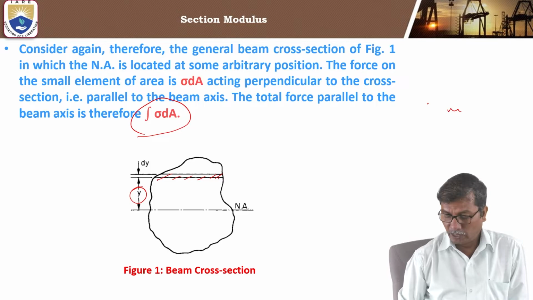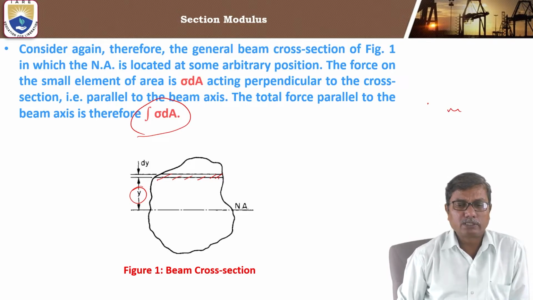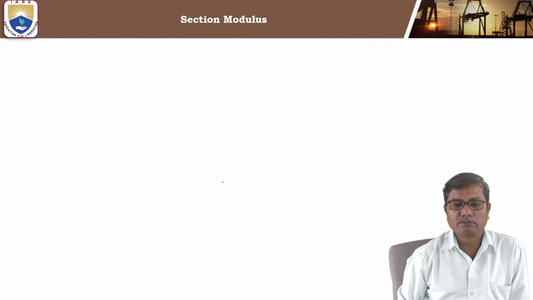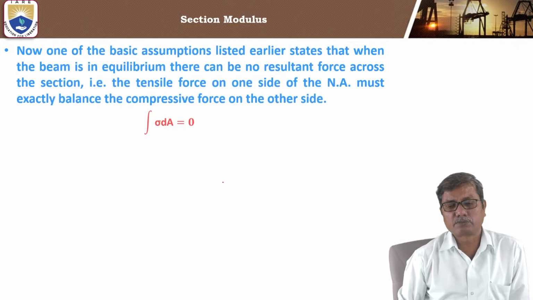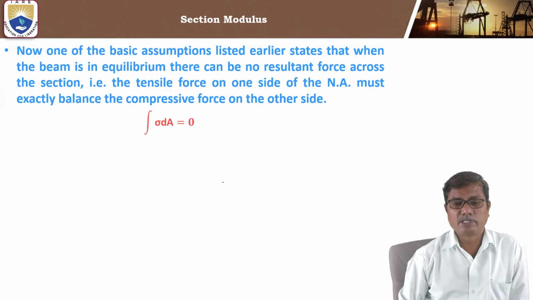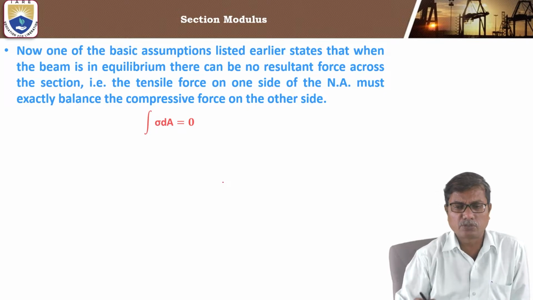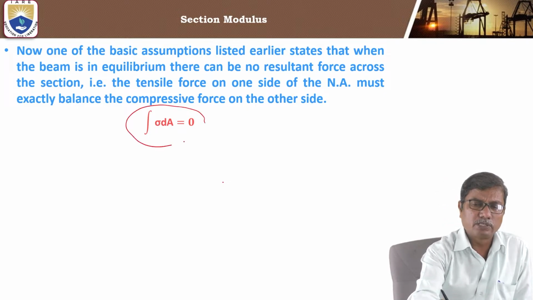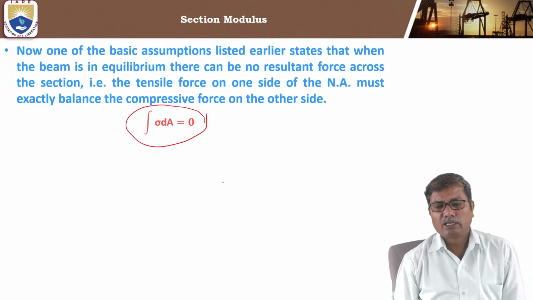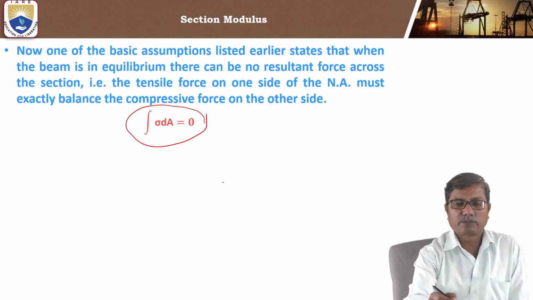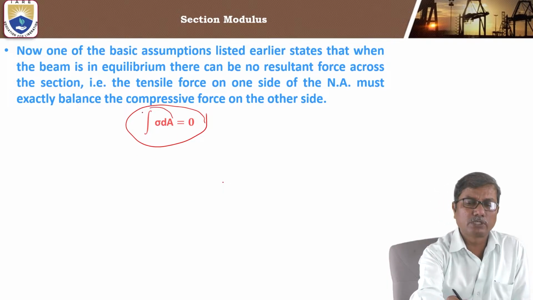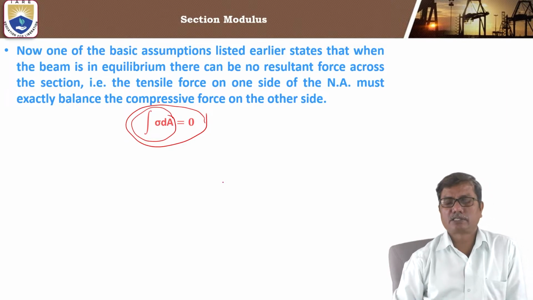And also we know that for equilibrium, the resultant force must be 0. Understand? For horizontal equilibrium, the resultant force on the cross section must be 0. So this must be 0. And as there is no external force, the entire force is due to the internal stresses.